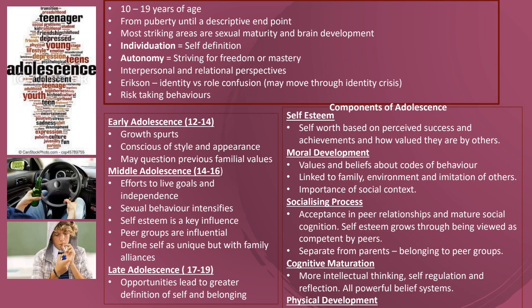And again, an important component of adolescence is cognitive development. So we start to think more intellectually. We have an ability to self-regulate, to control ourselves. We have the ability to reflect on our thinking and behavior, and we start to develop powerful belief systems.